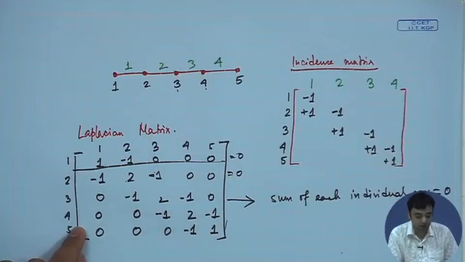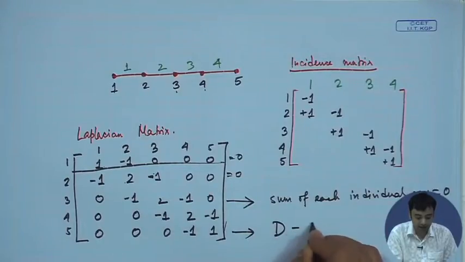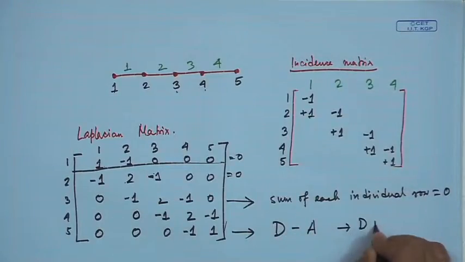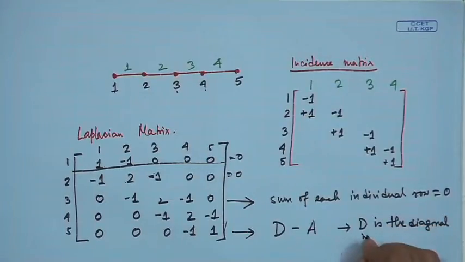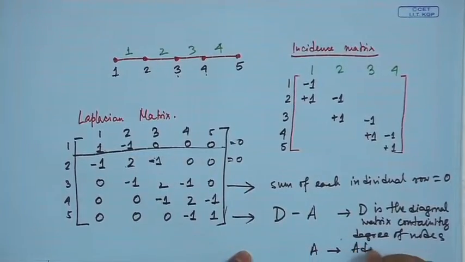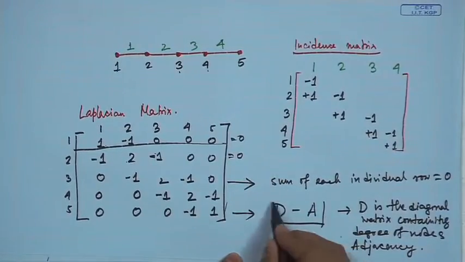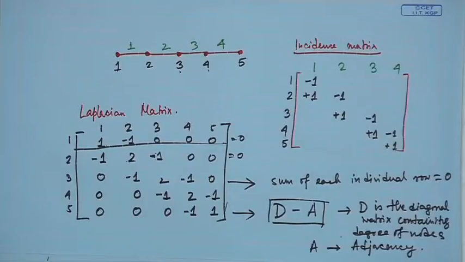So, in this way the sum of all the rows is equal to 0 in this particular Laplacian matrix, and this Laplacian matrix can also be written as D minus A, where D is the diagonal matrix containing the degree of nodes, and A is nothing but the adjacency matrix. So, basically if you implement D minus A, you will recover the Laplacian matrix.